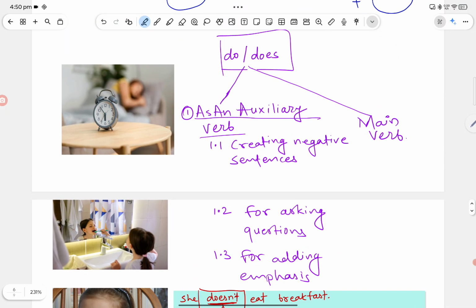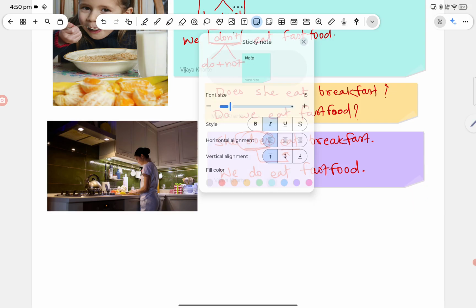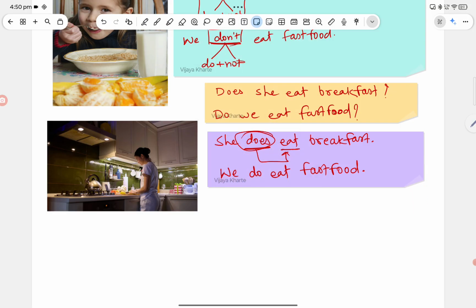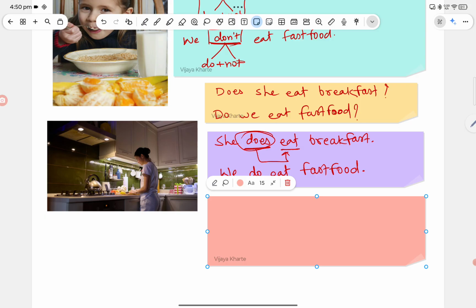Now let us see how these words are used as main verb. We'll have an example of main verb here. He does homework.